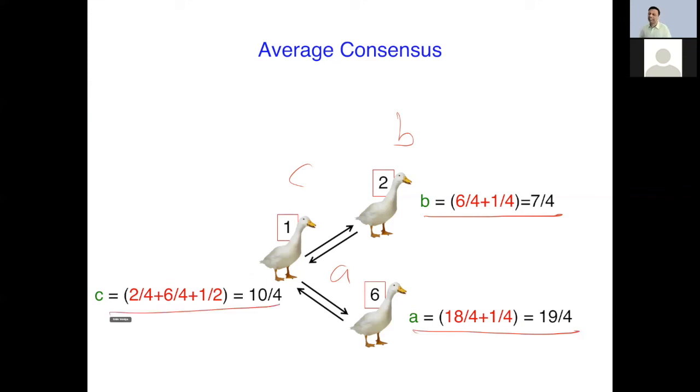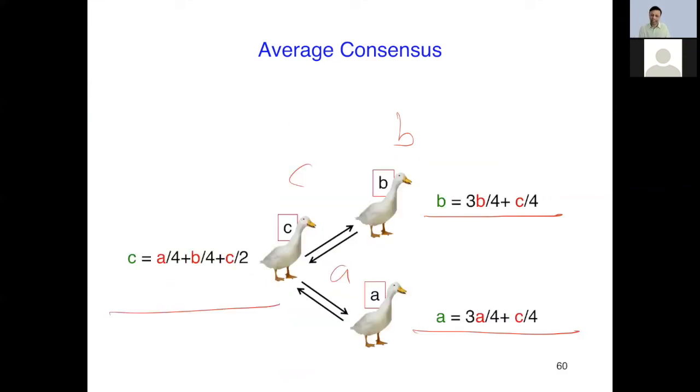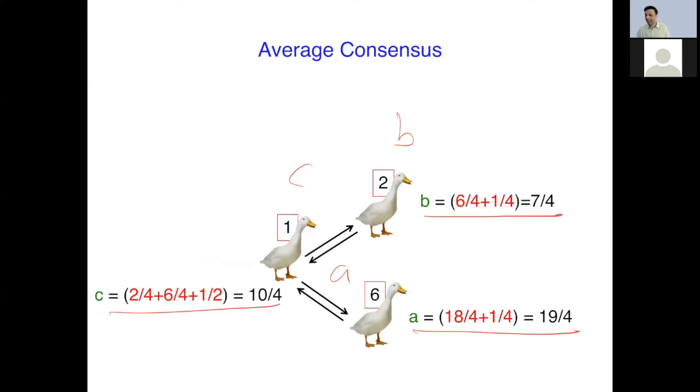You can verify this math, but all I'm doing is applying the equation on the previous slide to the specific values of A, B, and C. So this is B1, A1, and then C1. Now you can take these values and update the variables yet again to compute B2, A2, and C2, and so on.